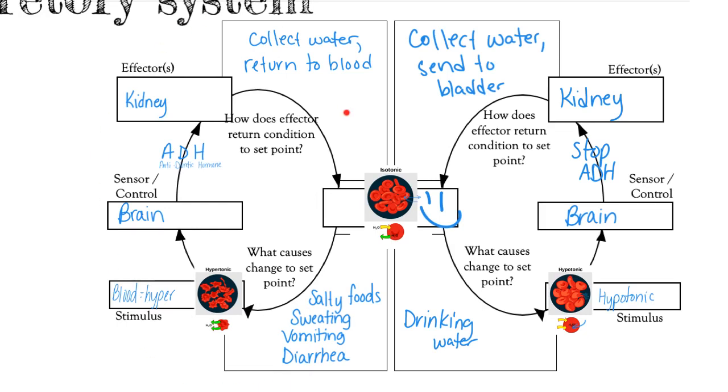All of the rest of this is the effort that your body makes to get back into homeostasis. So if you have too little water, your body's going to do things to get more water or at least save what it has. If you have too much water, your body's going to get rid of the extra. Please, please, please keep in mind cause and effect. Make sure to study. And if you've got questions, let me know.